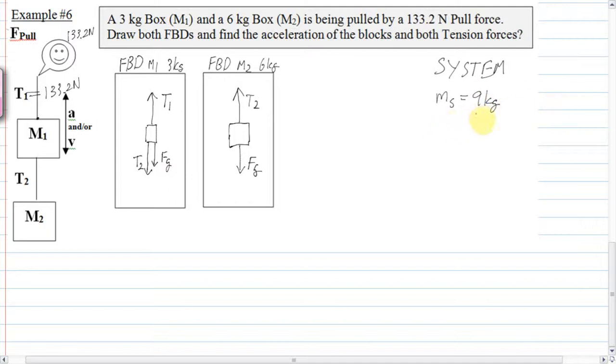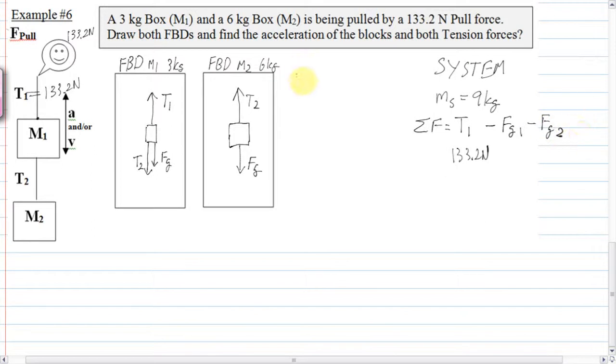Okay, and the forces on the system. Well, if we add up all the forces on the system, there's a tension 1 up. That's equivalent to the pull force, which is 133.2 newtons. And there's 2 forces of gravity down, minus the force of gravity of object 1, minus the force of gravity of object 2.